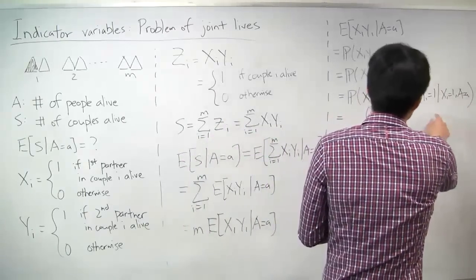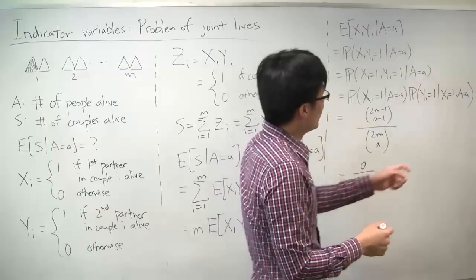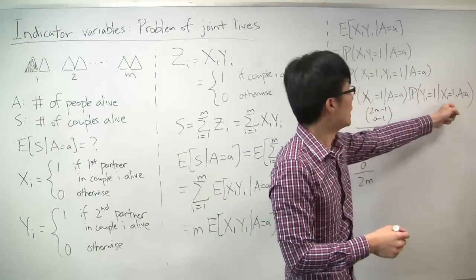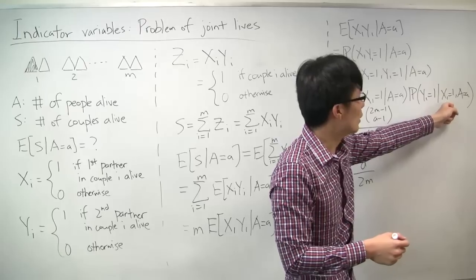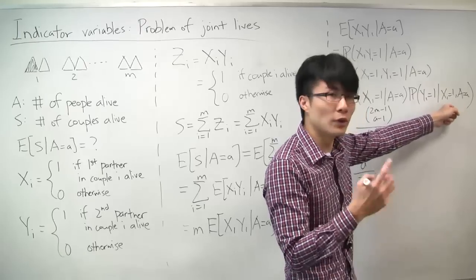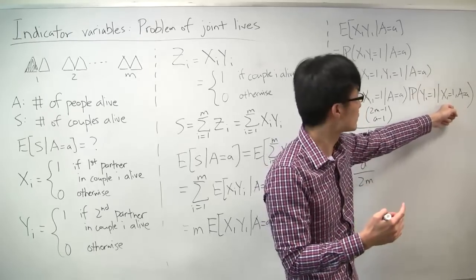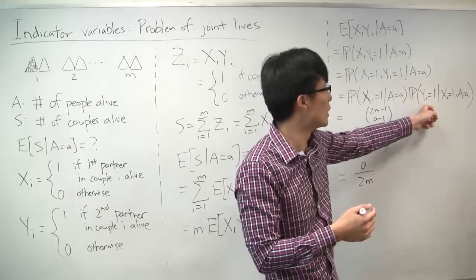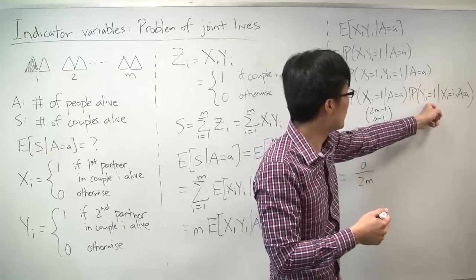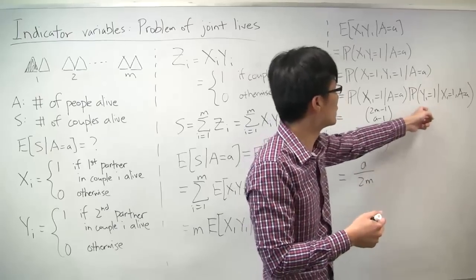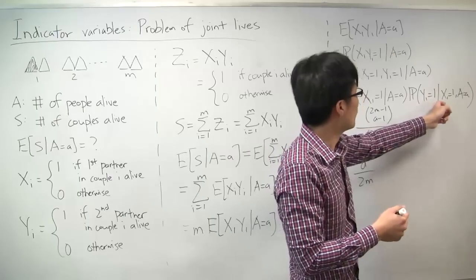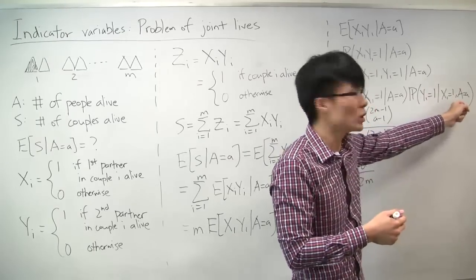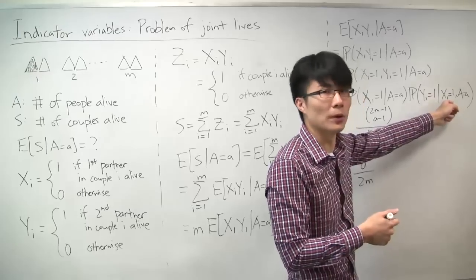Now let's think about the second one. Now we're conditioning on there being a people who are still alive, and we also know that one of those a people is the first partner in the first couple. Given that, what's the probability that the second partner in the first couple is still alive? Well, this probability is going to be lower than the previous one, because we know that one of the a slots has already been taken by the first partner in the first couple.